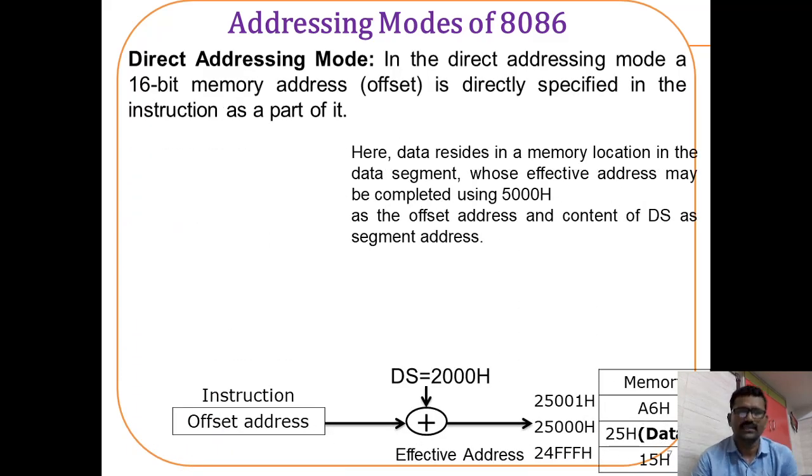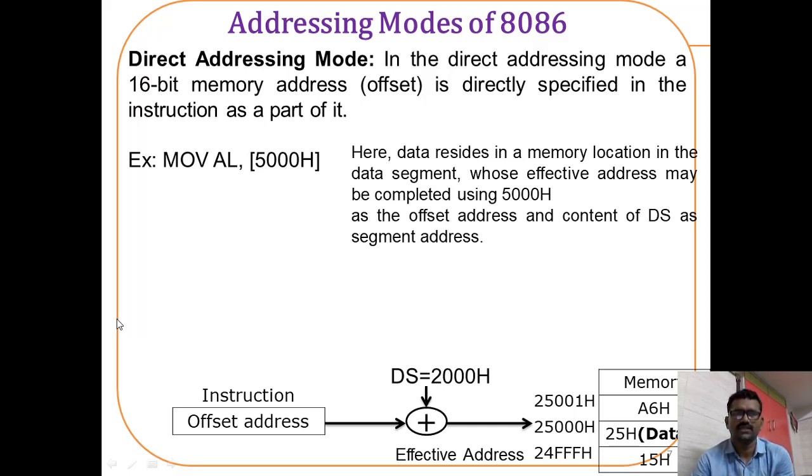Coming to the next, direct addressing mode. Here the data is present in memory, and it has an address. In direct addressing mode, a 16-bit memory address, that is the offset address, is directly specified in the instruction. It is a part of it. For example, MOV AL, 5000H. To access data from the memory, 8086 generates a 20-bit physical address.